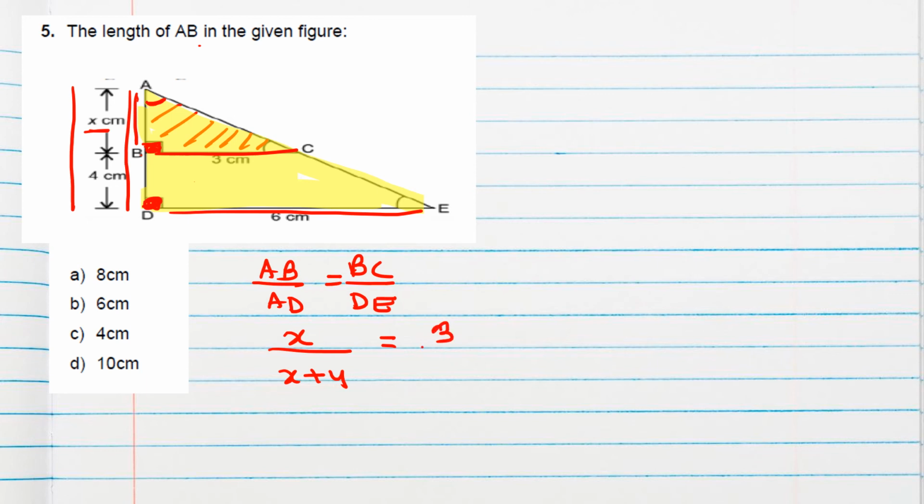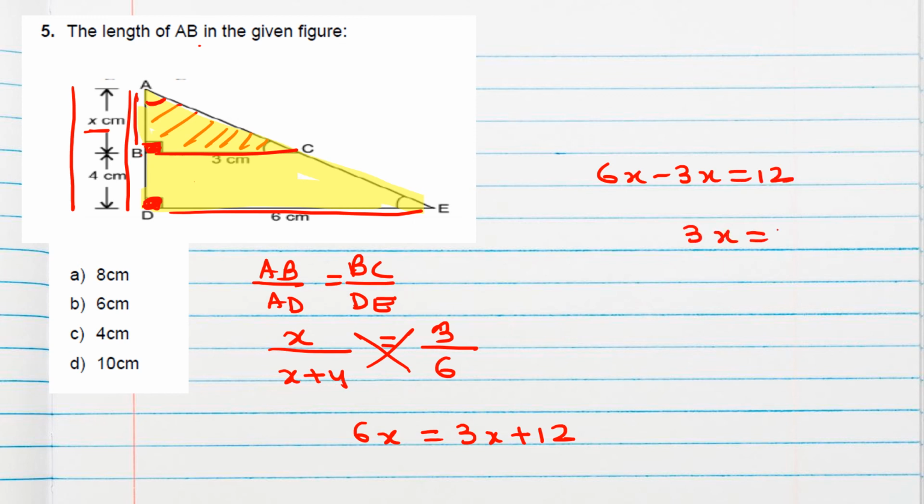BC is 3, DE is 6. Cross multiply here: 6X equals 3X plus 12. If we take 3X to the left hand side, we'll get 3X equal to 12. X will be equal to 4. So 4 centimeter. AB length is asked, which is X centimeter, and we got X as 4 centimeter. So option C is the correct option.